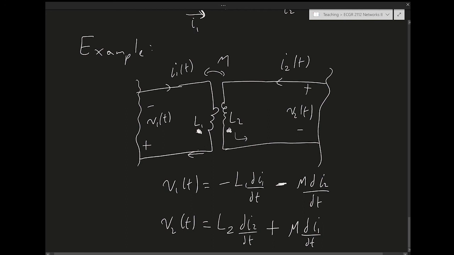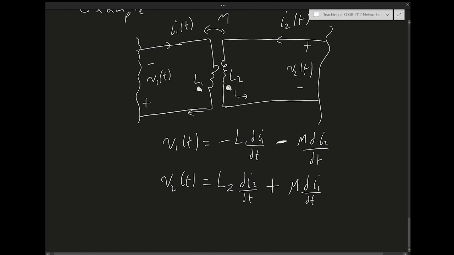Because I1 is leaving the dot, we have a first minus sign, but also because the polarity of V2 is opposite the polarity of the dot, we have another minus sign, minus minus cancels, and we end up with plus. Okay, so this is this example.